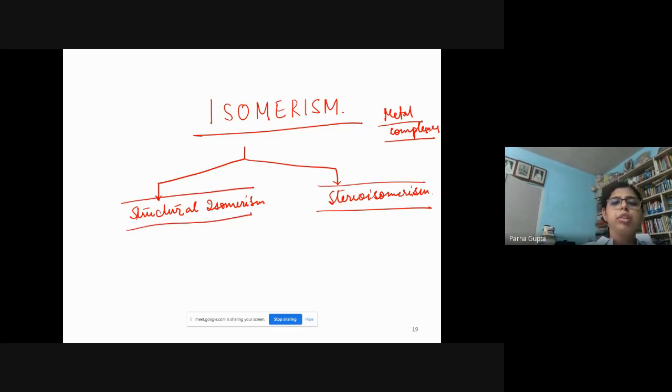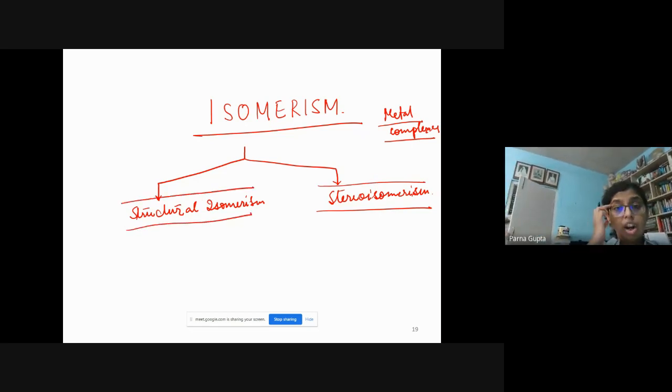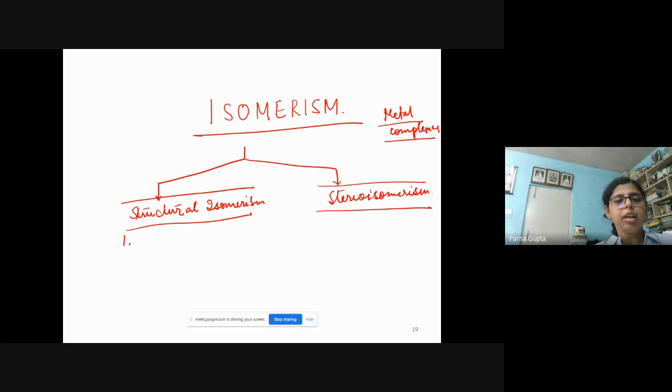Now, if you just look at the structural isomerism, what are the types? Let me first make the list, and then I shall give one example for each. So for structural isomerism, number one is ionization. Number two is hydration.